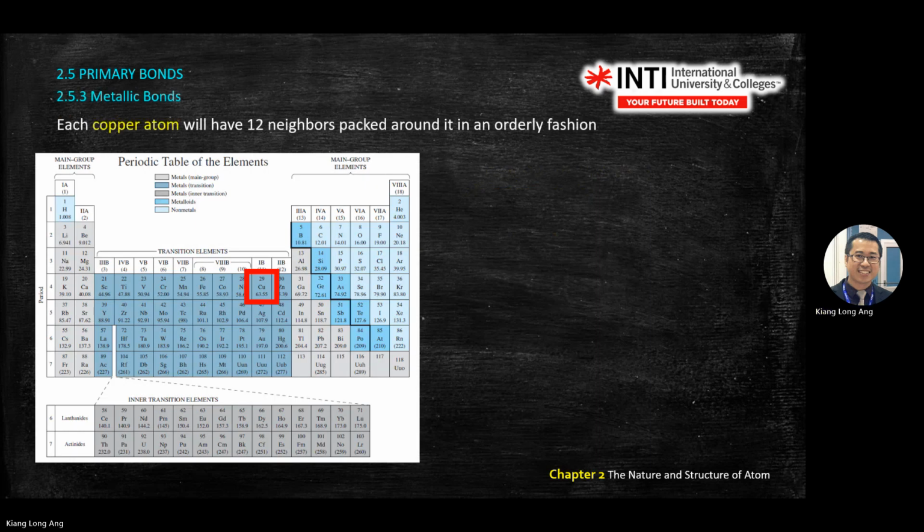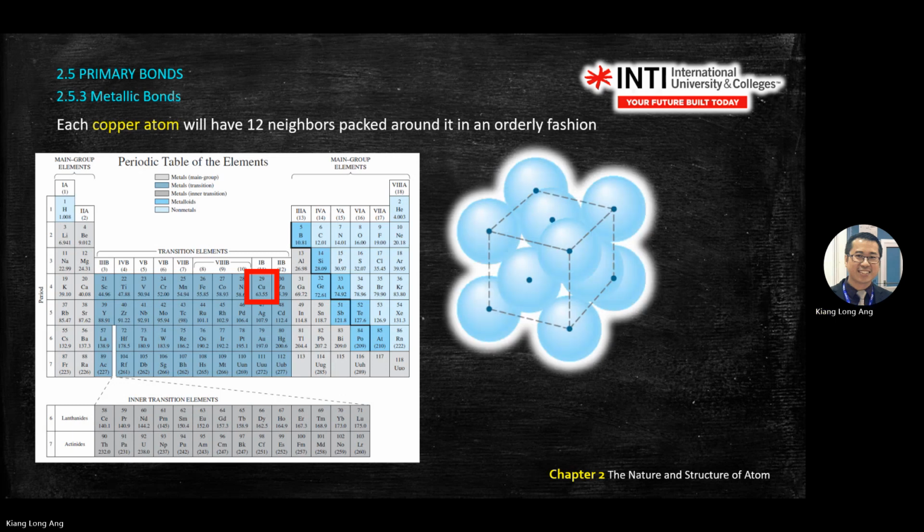Okay. So for example, copper, 29. Are you able to write the SPDF? Once you write the SPDF, you basically know how many electrons are outside. So here, copper 29, you have 12 neighbors packed around.